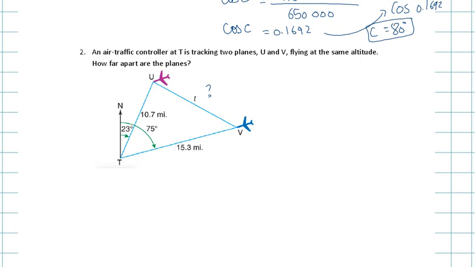From traffic to the airplane V. Now the contained angle is this. You guys agree? So this is the contained angle right here, without the outside part. So it's just this, right?